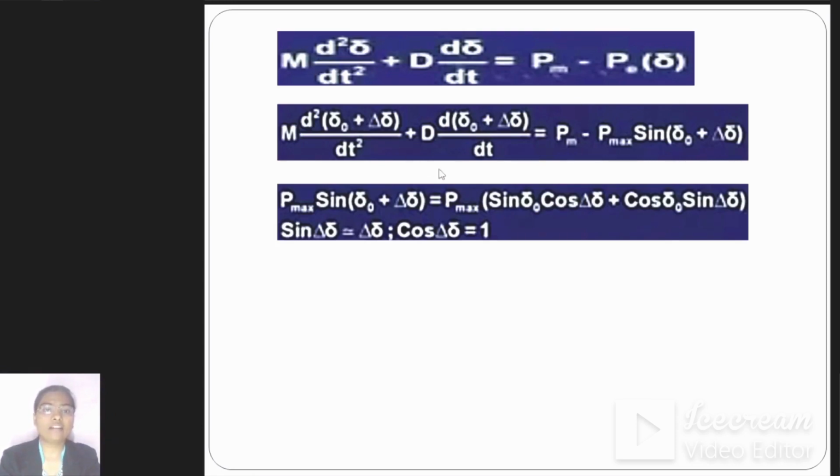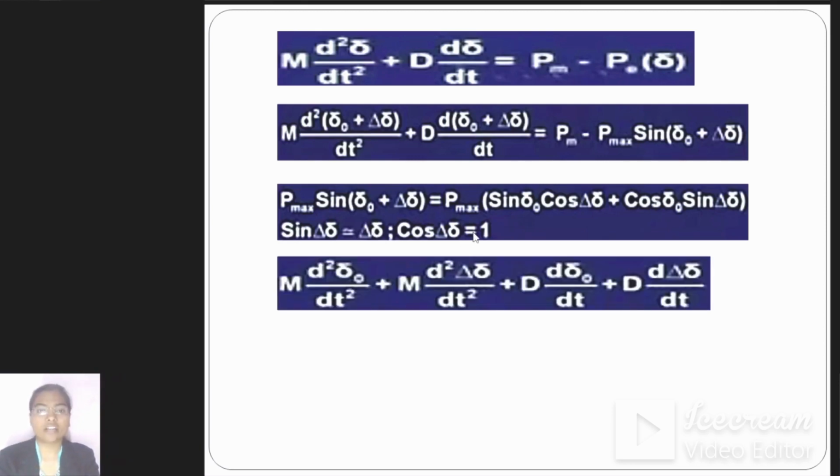Then you can write P max sine of delta 0 plus delta delta equal to P max sine delta 0 into cos delta delta plus cos delta 0 into sine delta delta. After simplifying, sine delta delta is almost equivalent to delta delta, since the change is small, and cos delta delta is considered as 1.